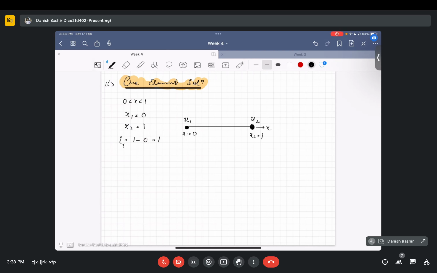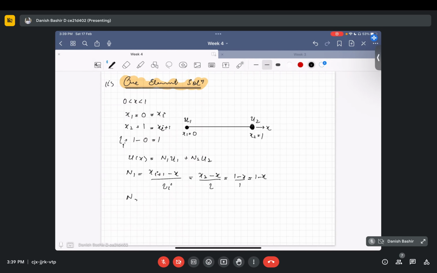The trial solution is, as I already showed you, how we write the trial solution in the form of shape functions: N1 times nodal parameter u1 plus N2 times nodal parameter u2, where N1 is equal to (x(i+1) minus x) divided by Li. Here this is xi, this is x(i+1), and this is Li. You put the values, you will get it to be equal to (x2 minus x) divided by L, which is (1 minus x) divided by 1, equal to 1 minus x.